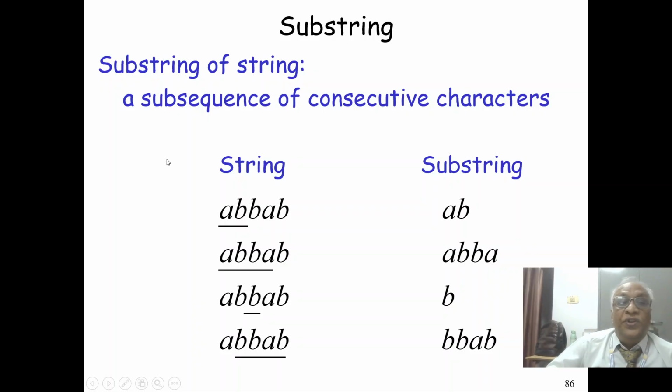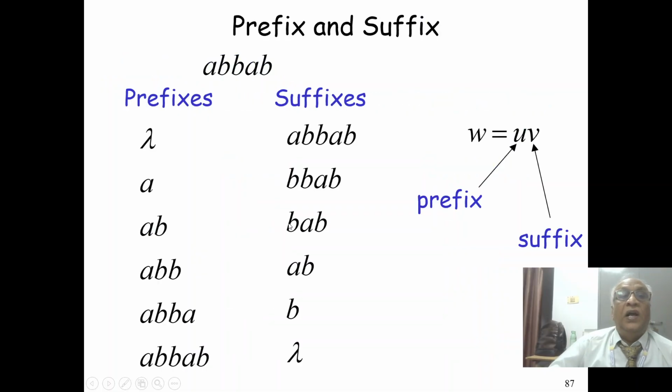So these are the strings and these are the substrings, like AB is a substring of ABB. And let us say this is my ABB string. The prefix is lambda. For this the prefix is A. For this the prefix is AB, like that. So you have prefixes and suffixes.